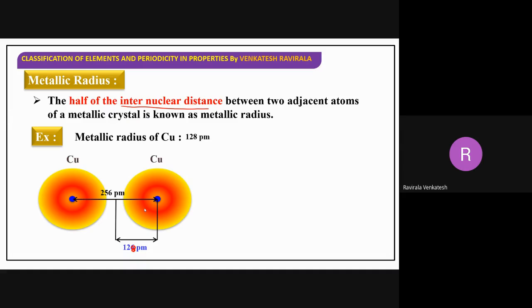The definition is the same: half of the internuclear distance between two adjacent atoms of a metallic crystal is known as the metallic radius. In this case, you have to consider adjacent atoms of the metallic crystal, whereas in covalent radius we take covalently bonded atoms. In this way, we can easily calculate the metallic radius.